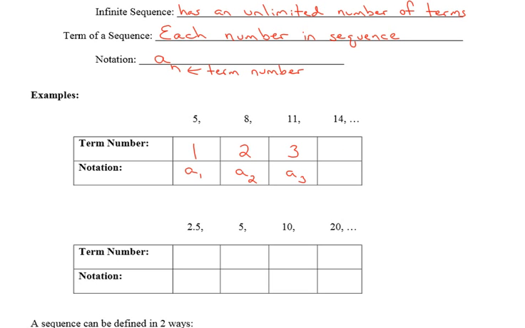And 14 is the fourth term, so its notation is A sub 4. What we're going to be doing is comparing the number itself, the actual term, to the term number.